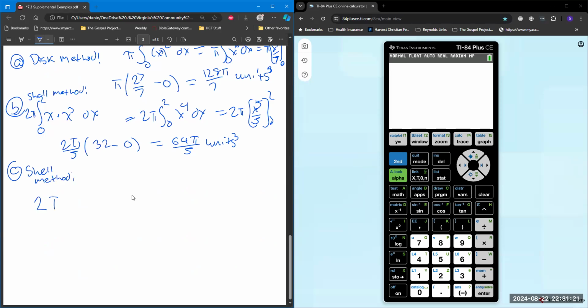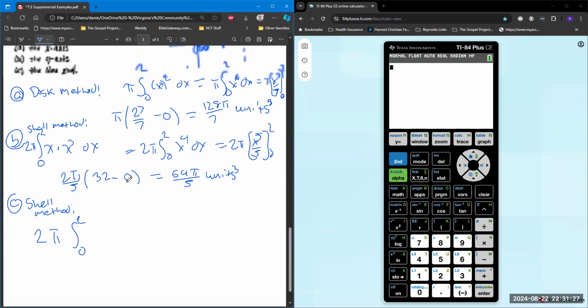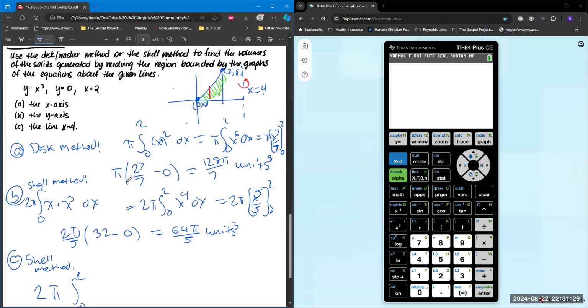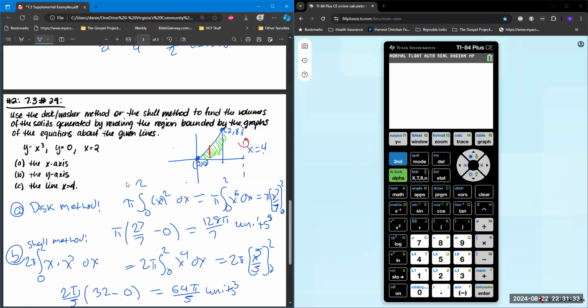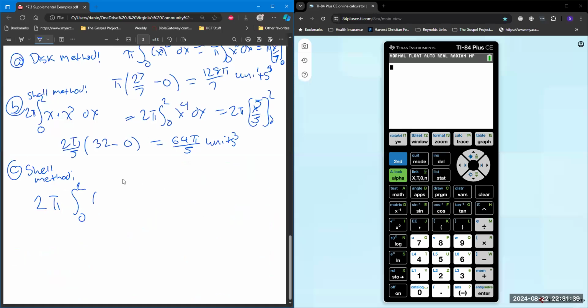This is 2 pi integral 0 to 2 of, and now the distance here is going to be 4 minus x, times my height, which is x cubed dx.